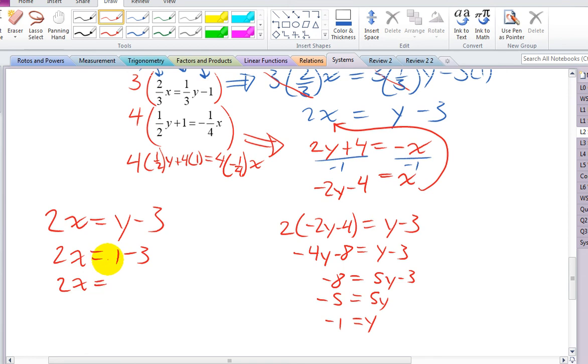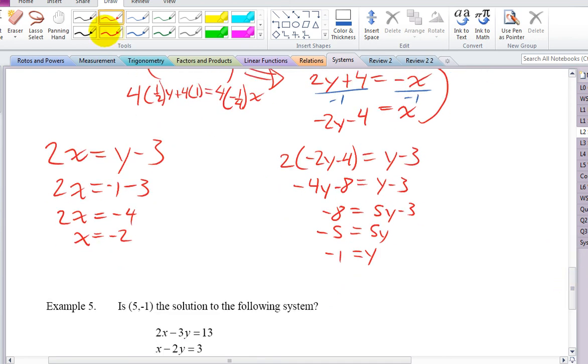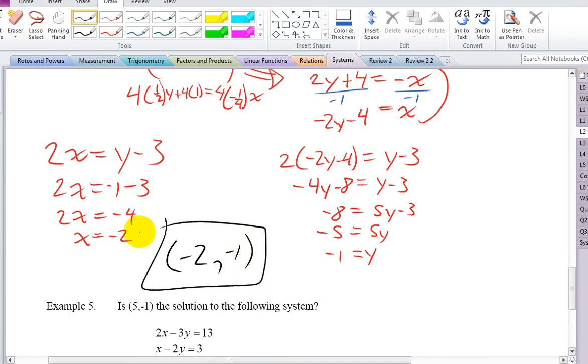No, -1 minus 3. So -4. x equals -2. So the solution is -2, comma, -1. Hands up if you got that. Okay. Some hard math, a lot of things you gotta be super, super, super careful of. All right.